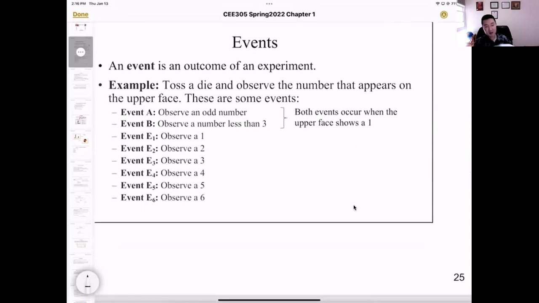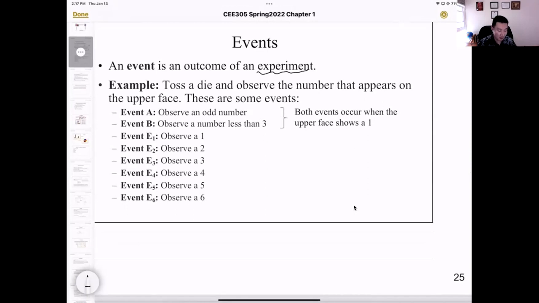Okay, events. Events is another new definition here. An event is an outcome of an experiment. For example, if you toss a die and observe the number that appears on the upper face, we know the die has 6 faces: 1, 2, 3, 4, 5, and 6.